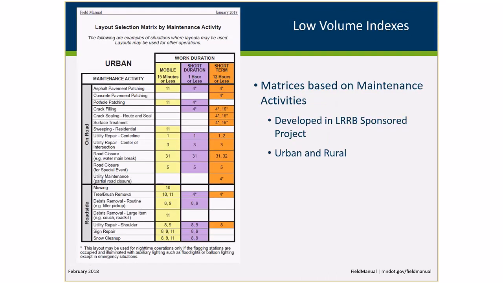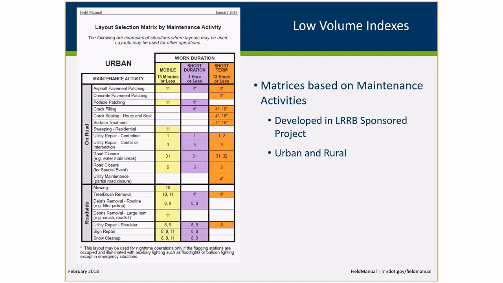The new section that was added, as I mentioned earlier, is for low volume. One of the key elements is that if you've got a low volume road, especially if it's a low speed road, you may not need the amount of devices that we had previously expected.